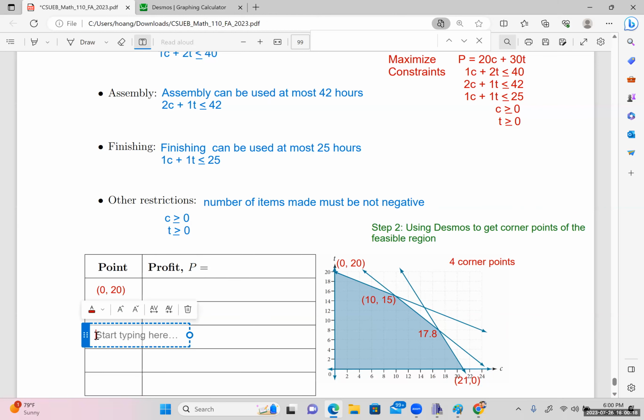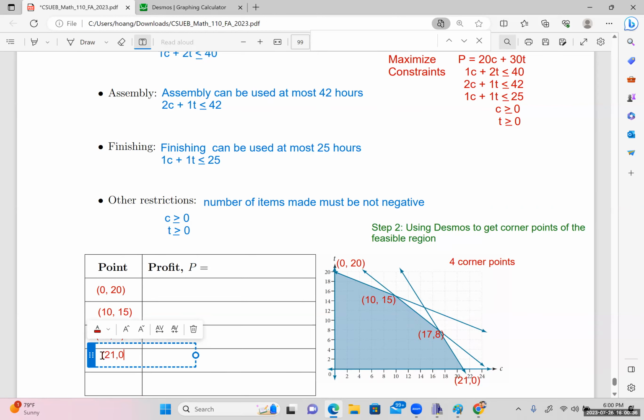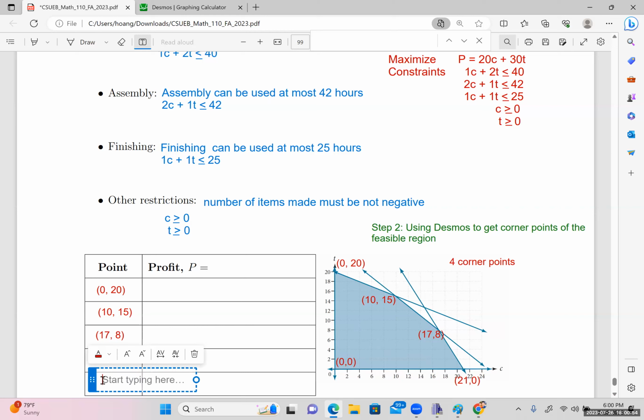The third one is 17, 8. I don't know why I put that point. The next one is 21, 0. Did we miss something? It's 0, 0. Oh, this one. I missed this corner. All right, so don't forget this corner, right? Okay, so put this corner there.